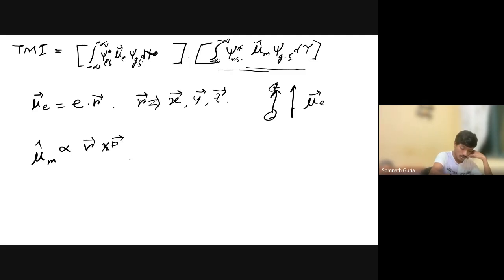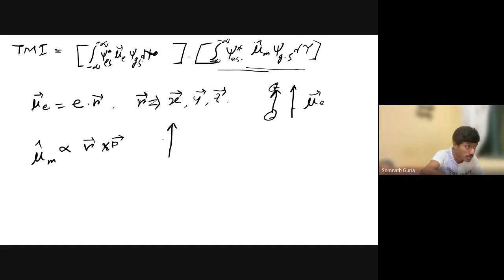And how does it look? Let's suppose we have some charged particle moving around in a particular direction. With respect to that moving charged particle, they are circularly generating a magnetic moment. In classical physics, what do we get? Let's suppose some charged particle is moving around in this direction.